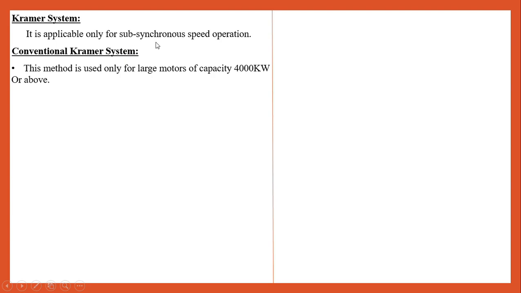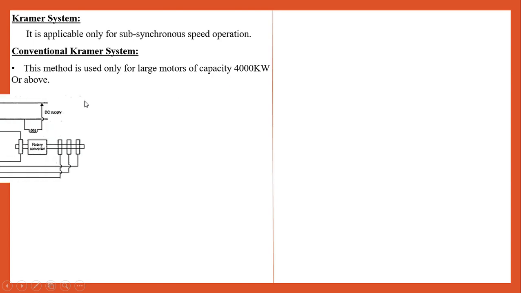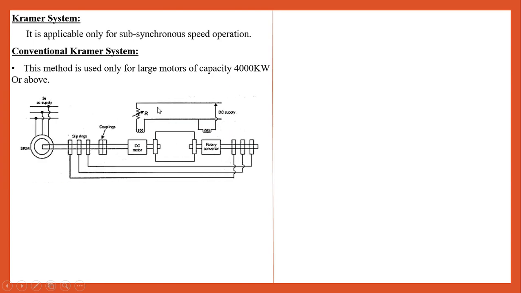The first one, the conventional Kramer system. This method is used only for large motors of capacity 4000 kilowatts or above. Look at the diagram of the conventional Kramer system. It consists of a three-phase AC supply main, then a slip ring induction motor, then couplings made between the DC motor and the slip ring induction motor.